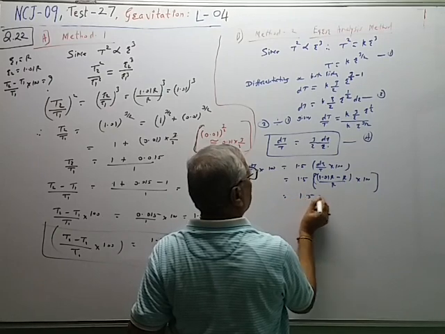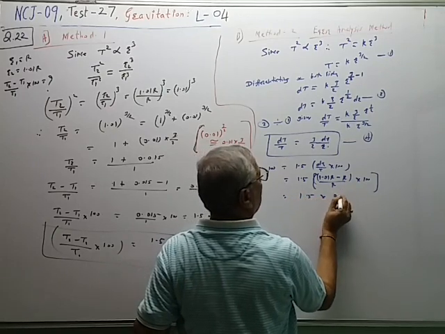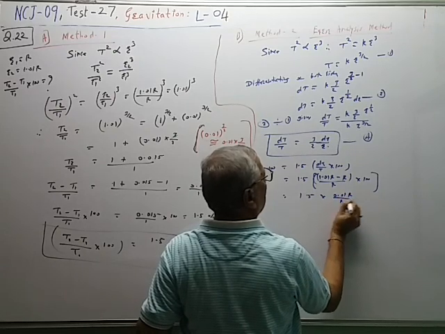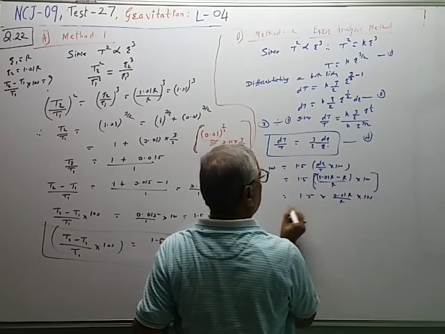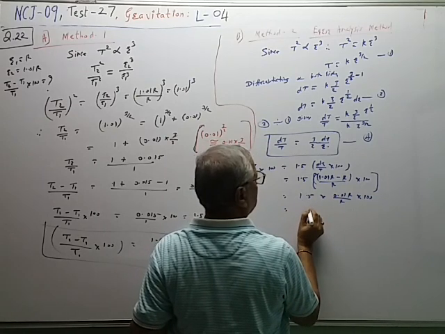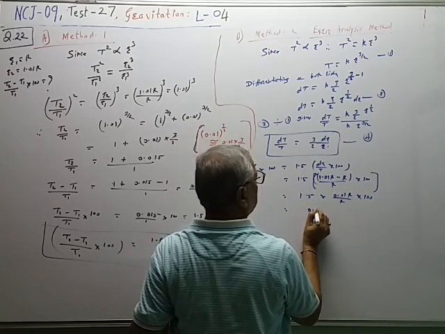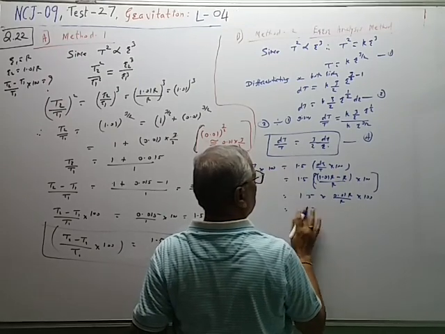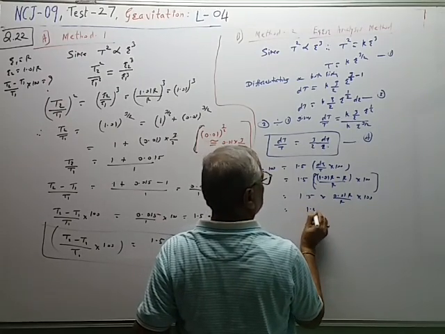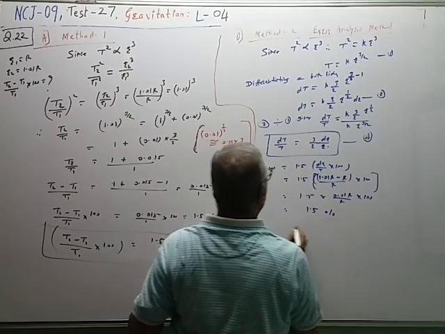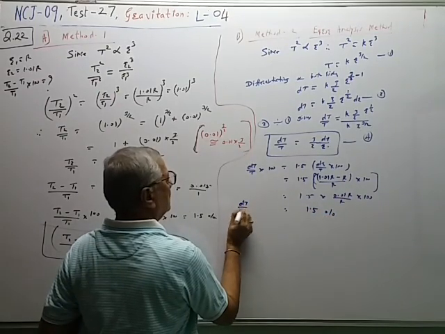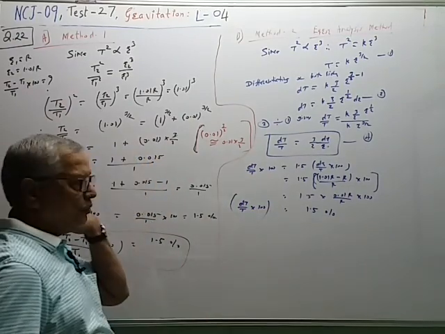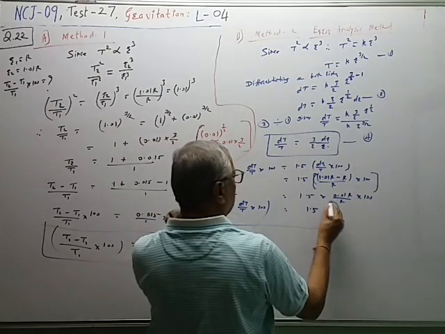So that is equal to 1.5 multiplied by 0.01 r upon r multiplied by 100, so this is equal to 1.5%. dT upon T multiplied by 100 is equal to 1.5%. The answer will be the same in both methods.